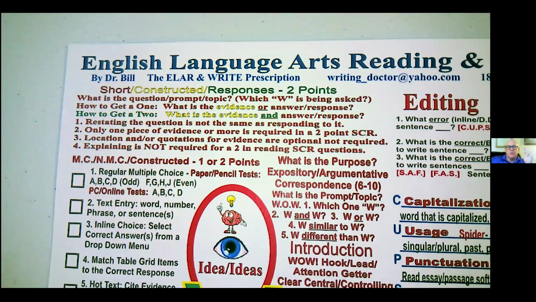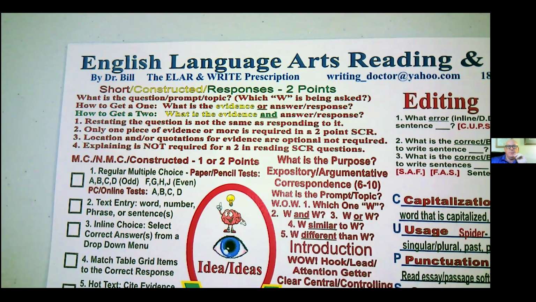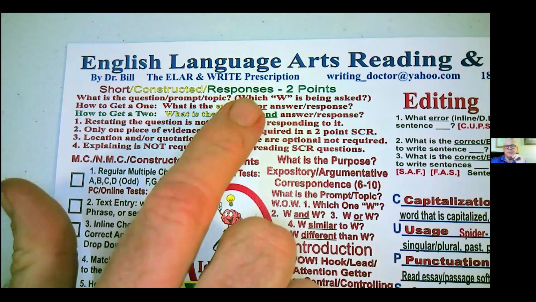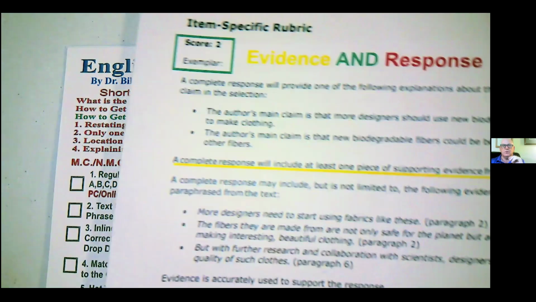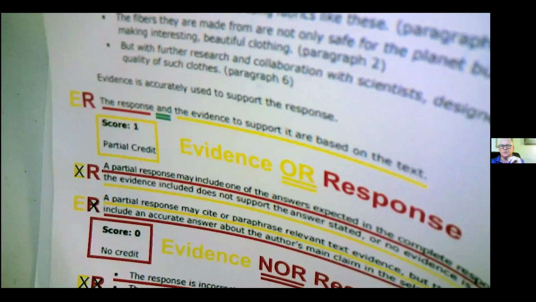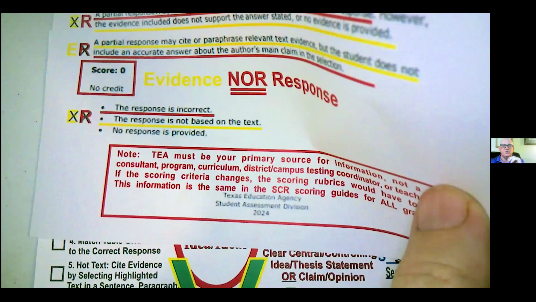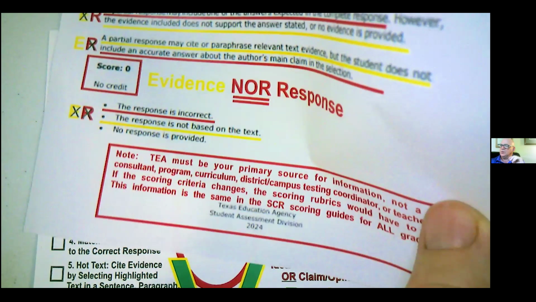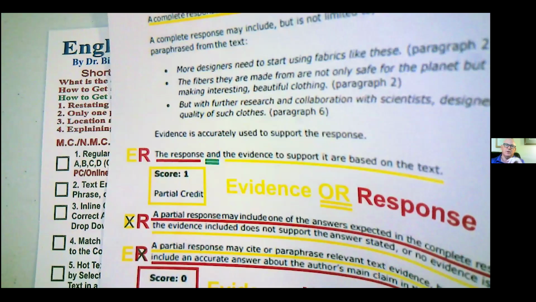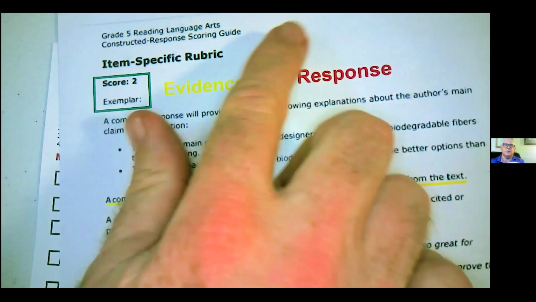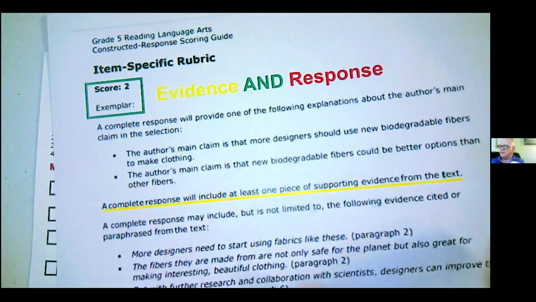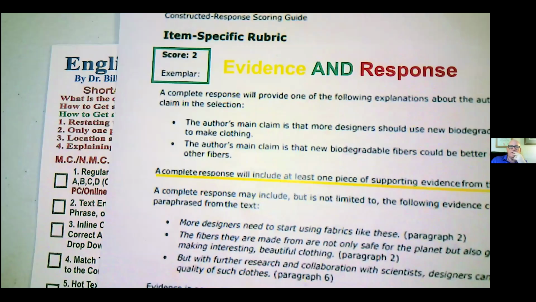Make sure that you're scoring accurately based on all of this information right here in the upper left-hand corner for short constructed responses, using the Texas Education Agency Student Assessment Division short constructed response scoring guide, scoring rubric as its primary source, primary guide. So hopefully that cleared up some confusion for many of you.